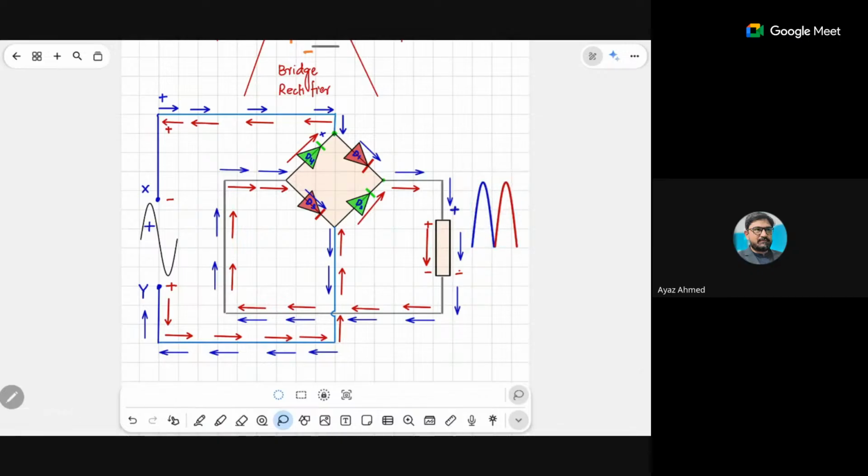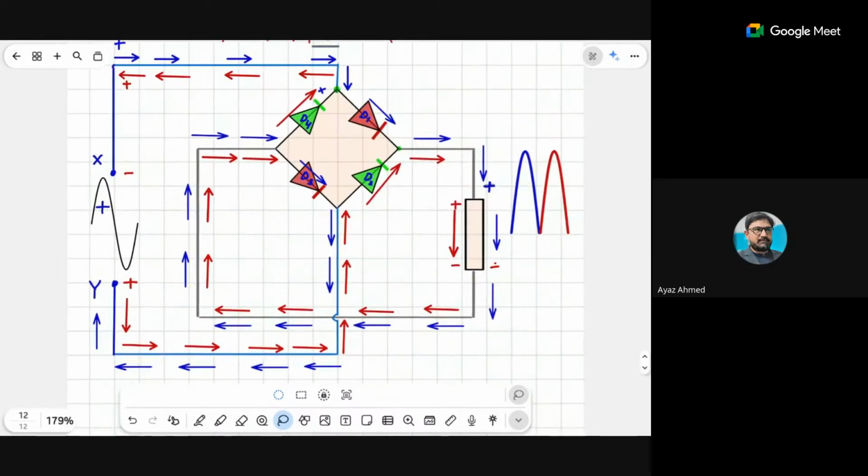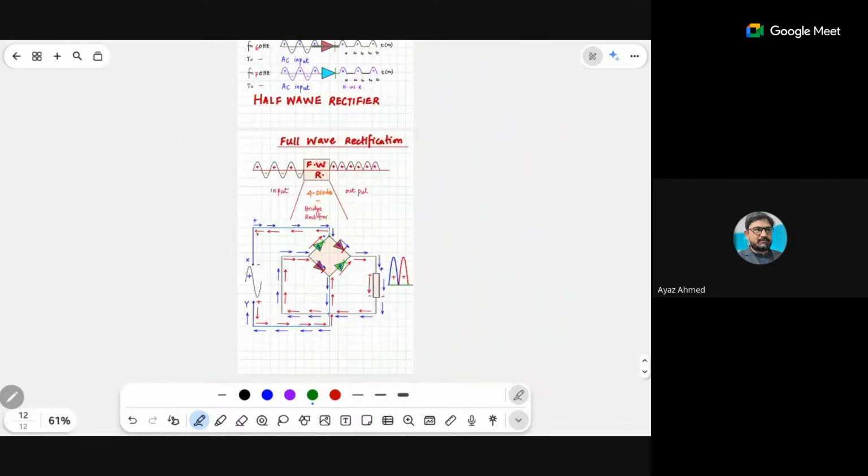So this is basically the rectified output of my device at the output cycle. So this is positive, this is positive. So there is no negative half cycle now. Is my point clear to everyone? So this is now a rectified output.